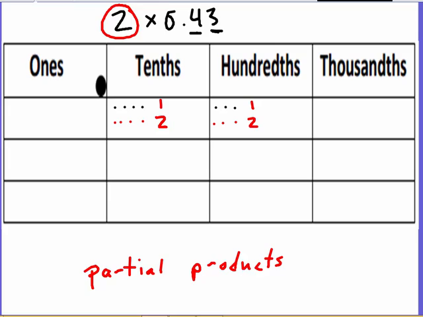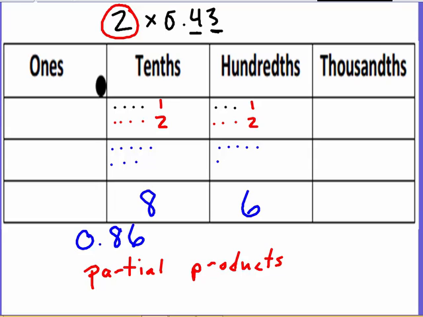So now I can add my dots up. This will be 6, and this is going to be 8. So here I have, in standard form, 0.86, or 86 hundredths.